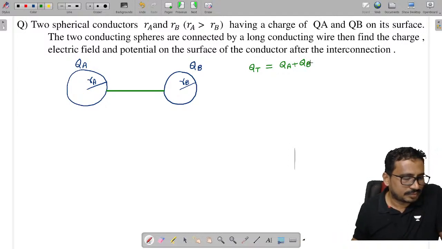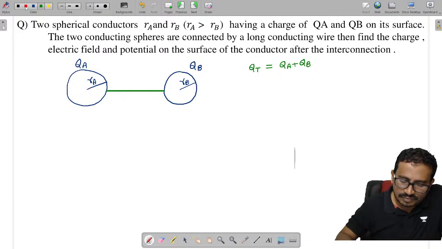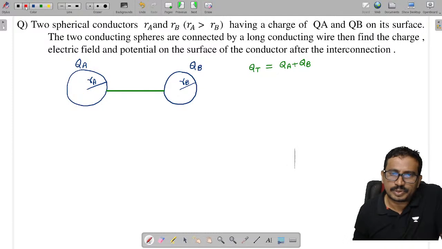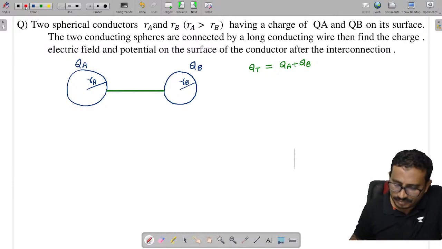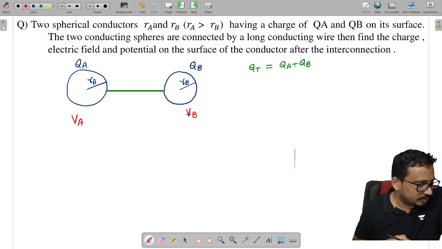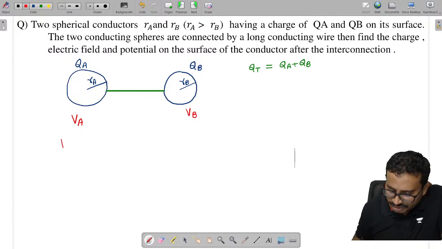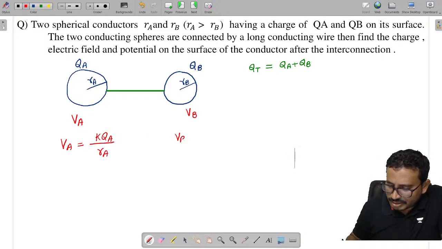Total charge. Now after the connection, see what is going to happen. If I call the potential of the first sphere VA and the potential of the second sphere VB, the potential of the first sphere VA is K into QA by RA. The potential of the second sphere VB is K into QB by RB.